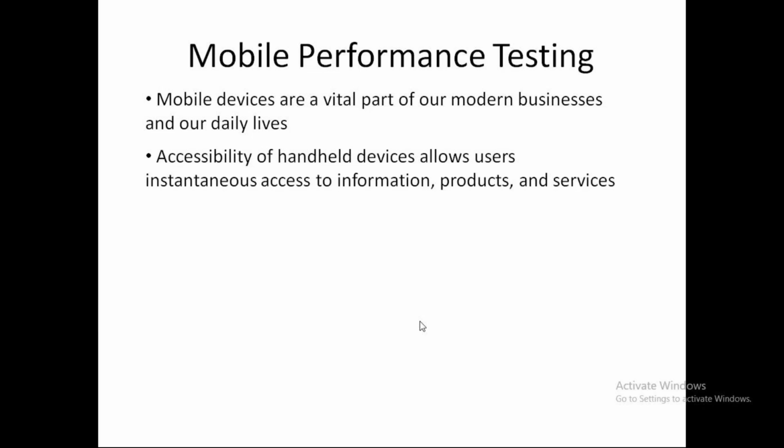I will definitely go for the mobile device. I hope you all will agree with me, right? No one will take the pain to open the laptop and check if I can check it on my mobile device. So the access is instantaneous on the mobile device.